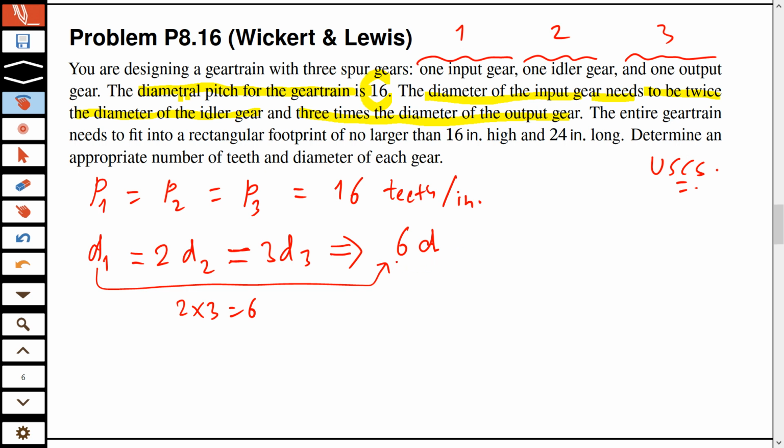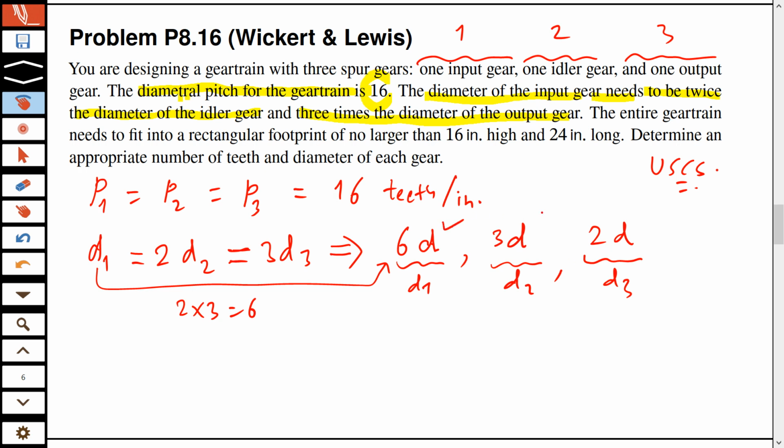So let's say D1 is 6D. Then D2 will be, tell me. D2 will be half of it. So it will be 3 times D, yes, and D3 will be 1/3 of it, so it will be 2 times D. So I have a dummy diameter D so that the input gear has diameter 6 times D, the idler gear has diameter 3 times D, and the output gear has diameter 2 times D.